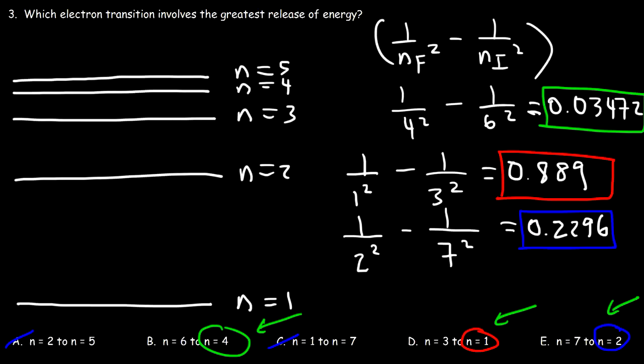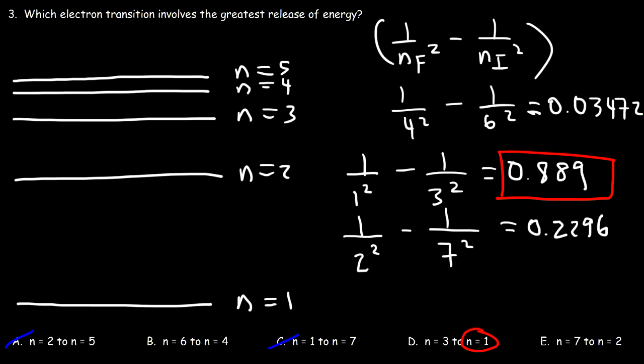And it usually works out that way. But if you feel dubious about that, just do what I did here. Use this equation and see which one gives you the largest value. And so, in this problem, our answer is answer choice D. It's going to release the greatest amount of energy.